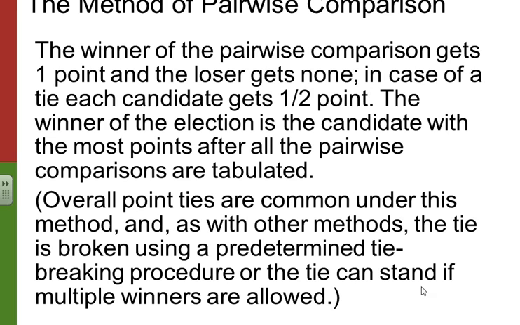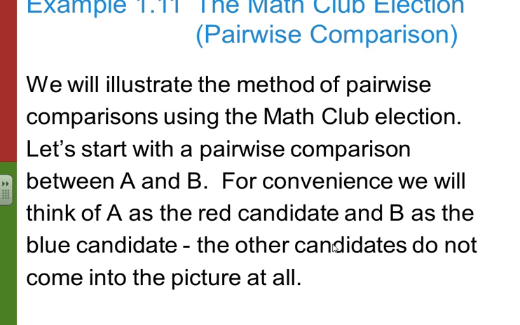That sounds like fun. The winner of the election is the candidate with the most overall points. Ties are common under this method. The tie is broken using a predetermined tie-breaking procedure, like standing on a cliff and seeing who jumps off first, something like that.